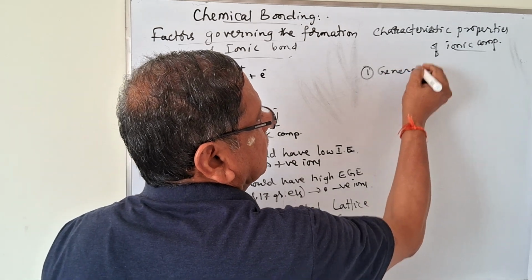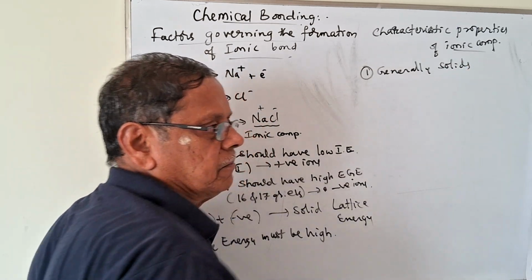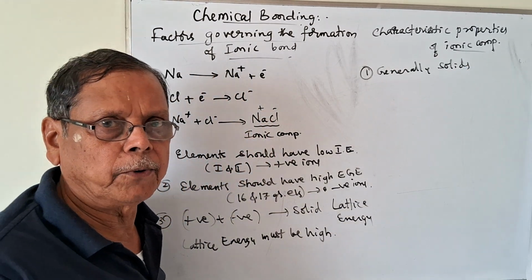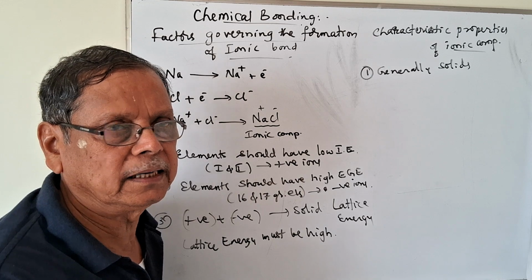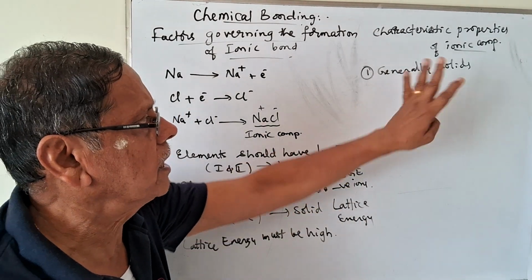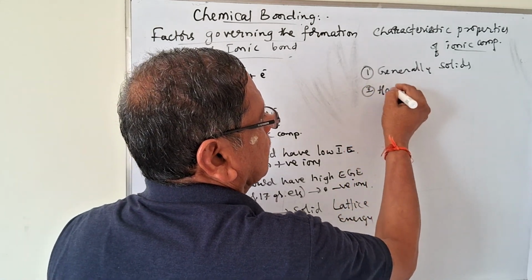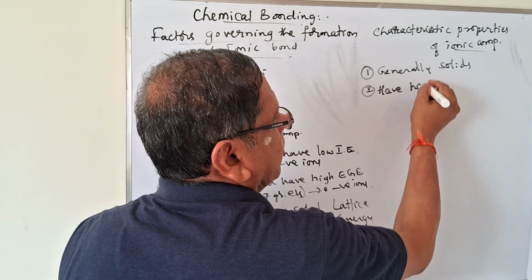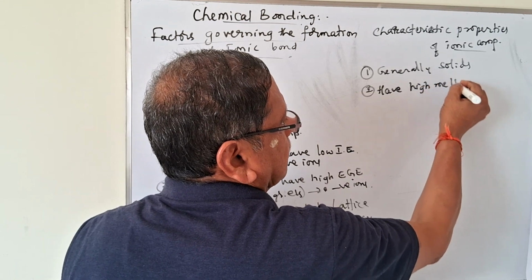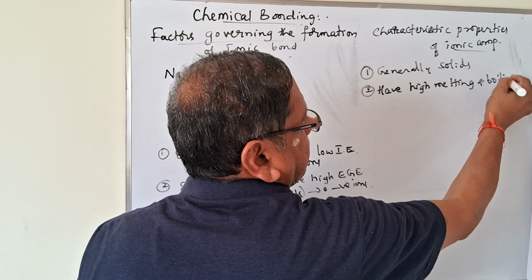For example, calcium oxide, sodium chloride, potassium bromide, potassium nitrate. All these compounds are solids in nature. Most of the compounds are generally solids, and they have high melting and boiling points.